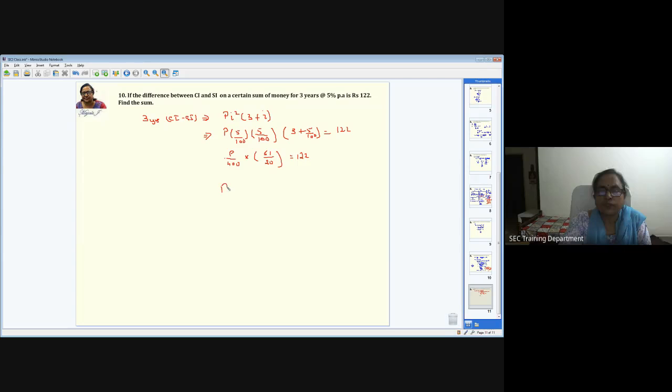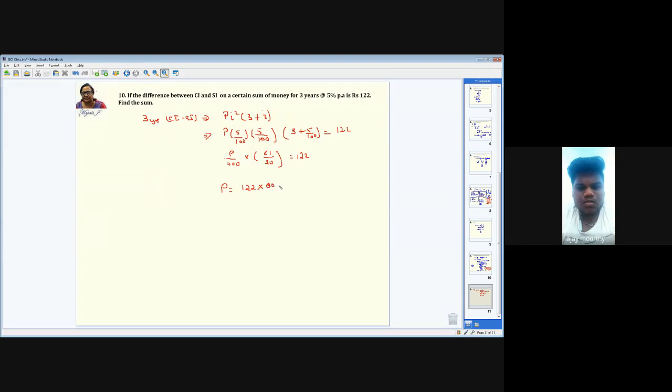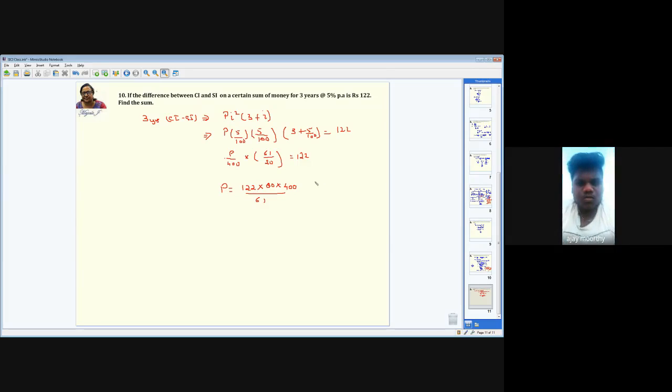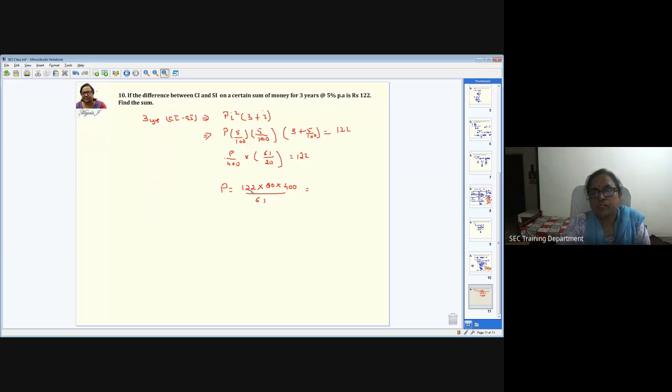So you need to find out the principal and take the other things to the right side. 20 will come here. 400 will come here, divided by 61. So 61 double is 122, I think.